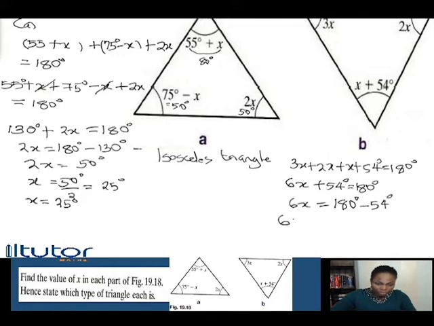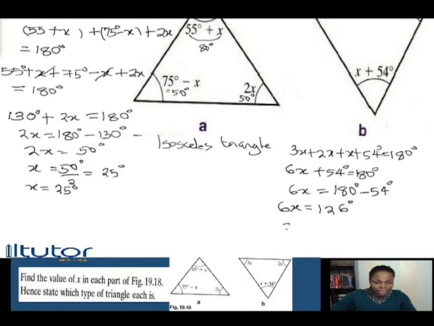So 6x is equal to 180 minus 54, which will give you 126 degrees.